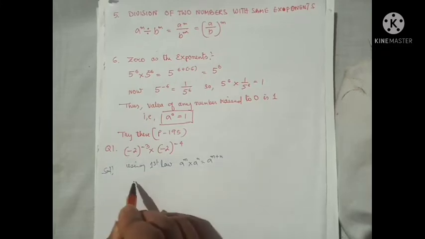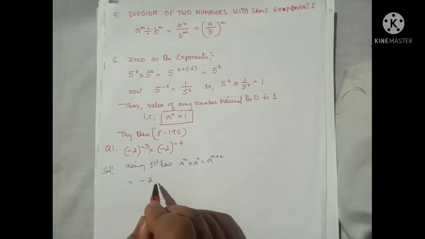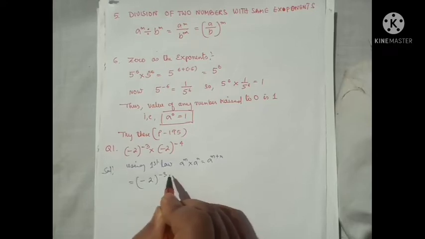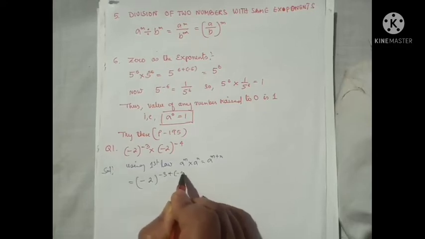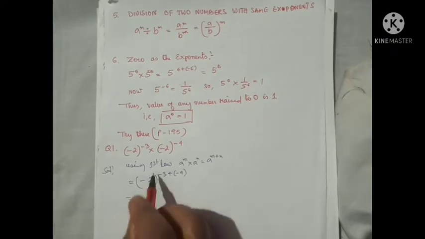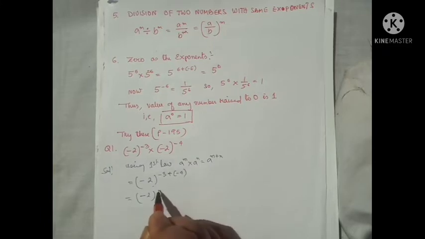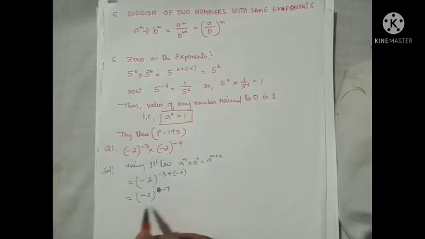The bases are the same, that means minus 2 to the power minus 3 plus minus 4. See, here, minus 3 plus minus 4, the answer will be power minus 7: minus 2 to the power minus 7. Then what will this be?